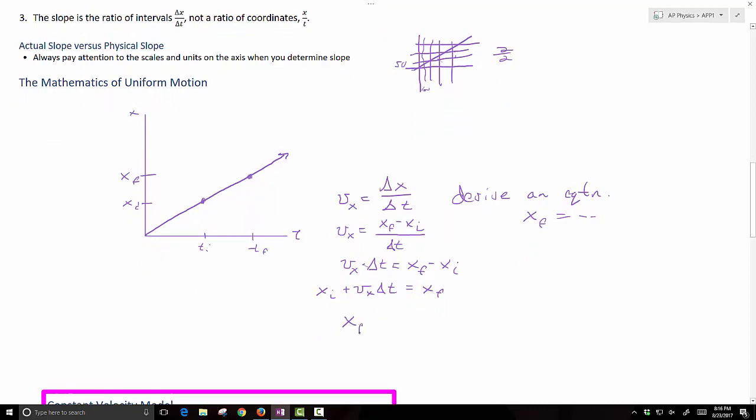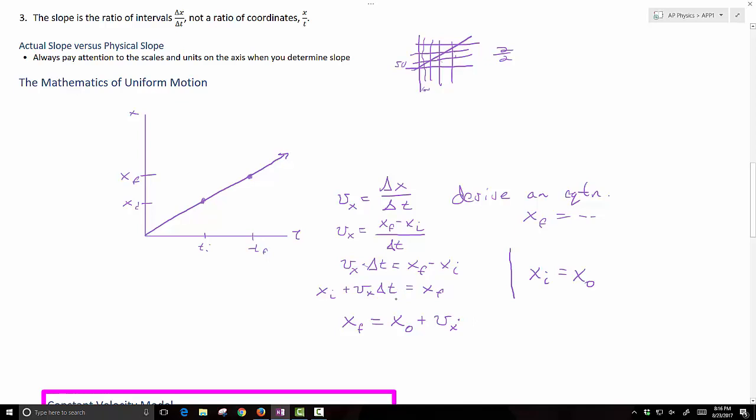So my final position is equal to my initial position. A little sidebar here: the initial position is also called x naught, x0, the beginning position. So we're going to use that notation: x naught plus the velocity in that direction times delta t.